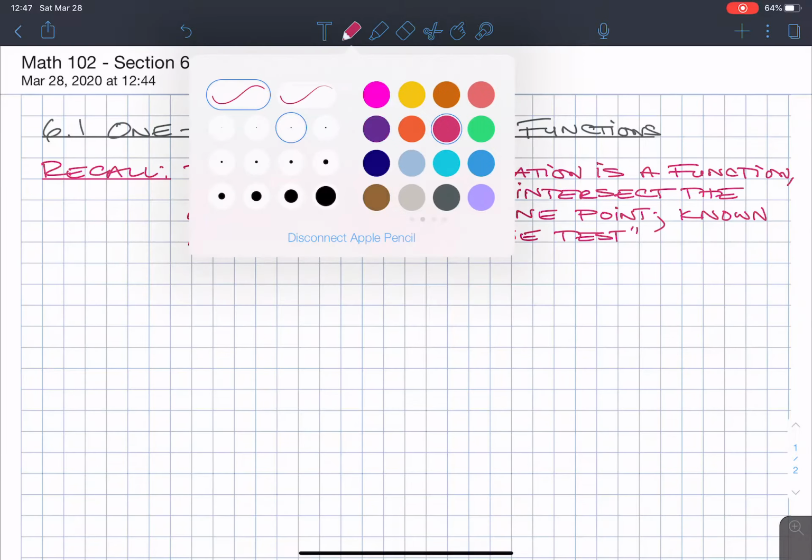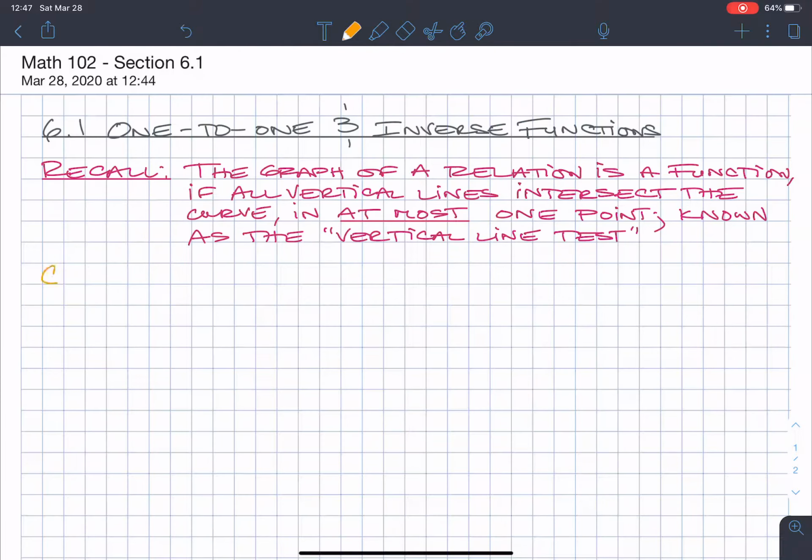Okay, so let's consider the graph of f of x equal to x squared.